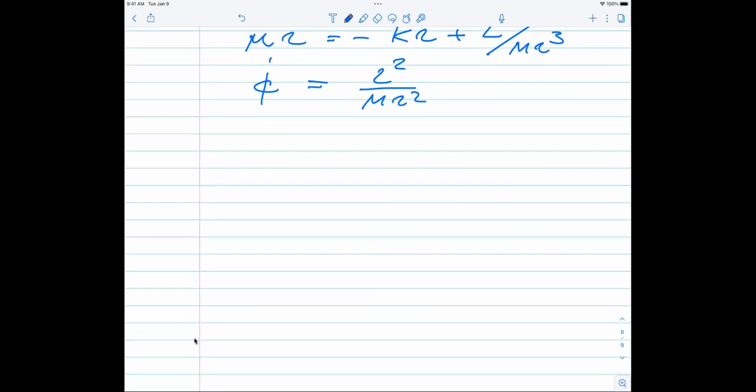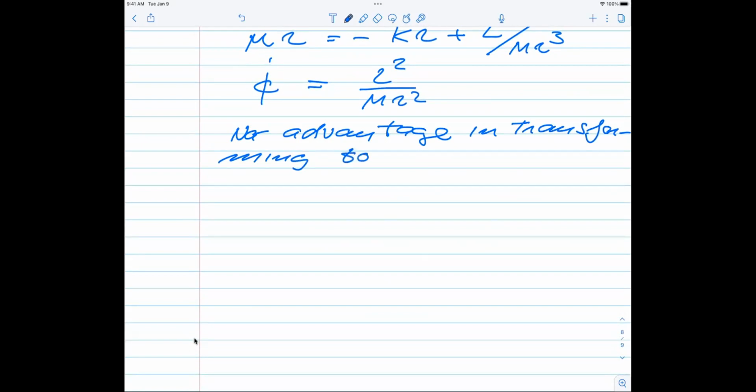So there is no advantage, let's state that, in transforming to R and phi from x and y. That's because the equation for the harmonic oscillator is already separable in x and y. So in this case, we would rather use x and y.